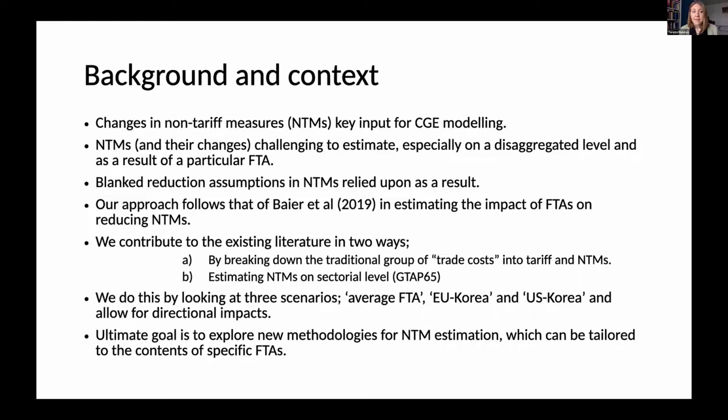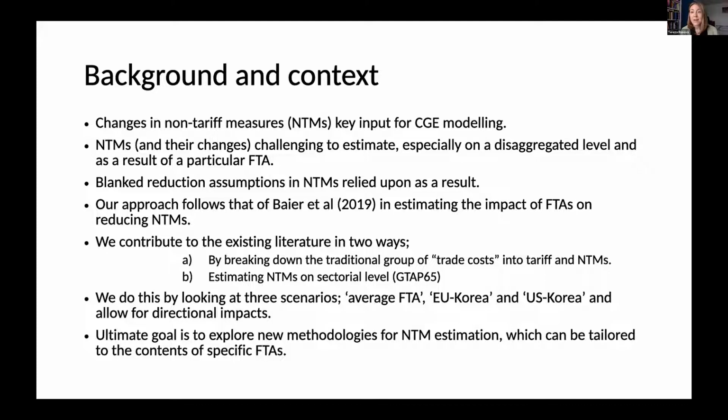So in terms of background and context, I'm sure some of you will be familiar with this. The non-tariff measures, or NTMs, are a key input for CGE modeling. However, they are quite challenging to estimate, and especially when you get quite disaggregated. So we have estimated them on GTAP 65 level. And obviously, the more granular you get, the more challenging it gets as well.